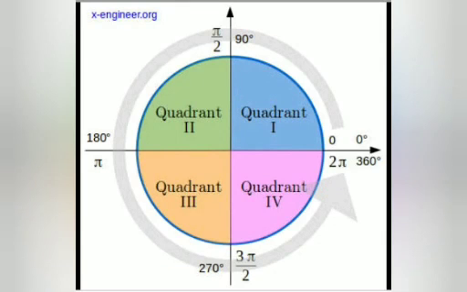Now, the coordinate axes divide the xy plane into 4 regions, and we call them quadrants. Taking in anti-clockwise direction, we name them as first quadrant, second quadrant, third quadrant, and fourth quadrant.